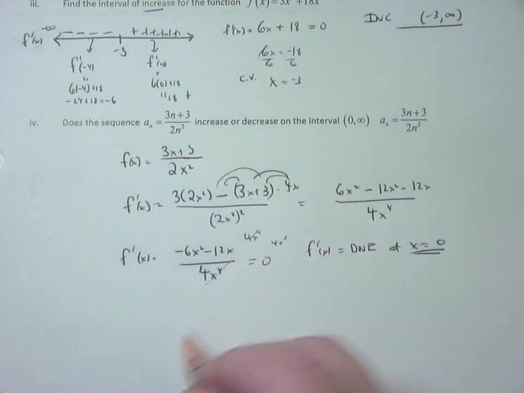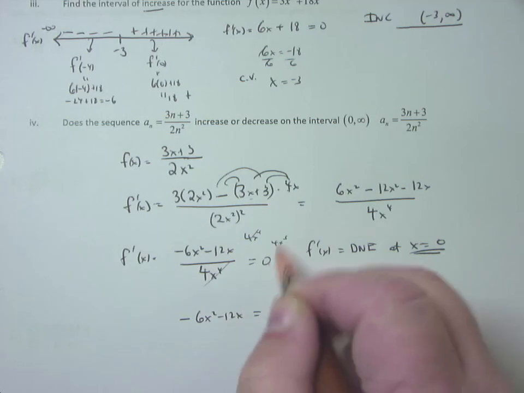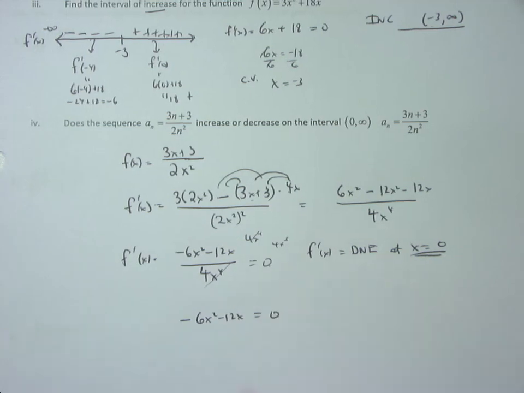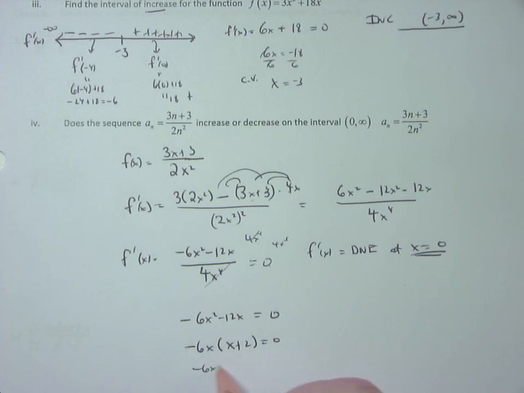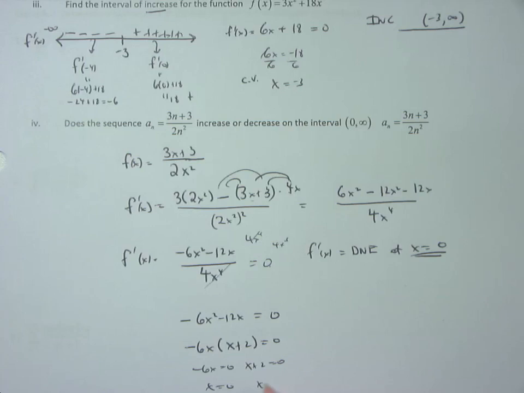This part will cancel. I'm left with negative 6x squared minus 12x equals 0 times 4x to the fourth, which is 0. Factoring out a negative 6x, I'm left with x plus 2 equals 0. You with me? And then set each factor equal to 0 and solve. I get x equals 0 and x equals negative 2.